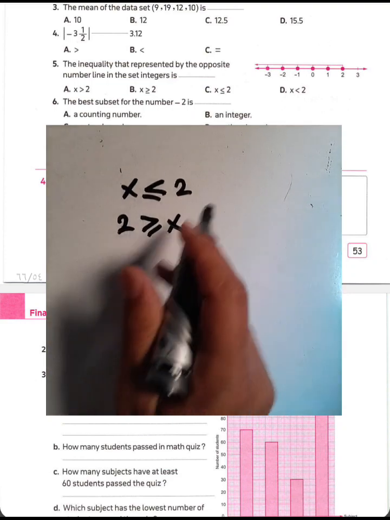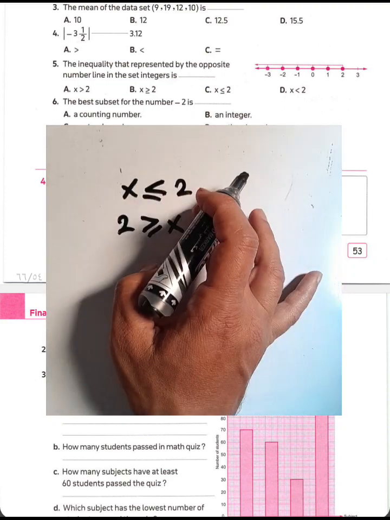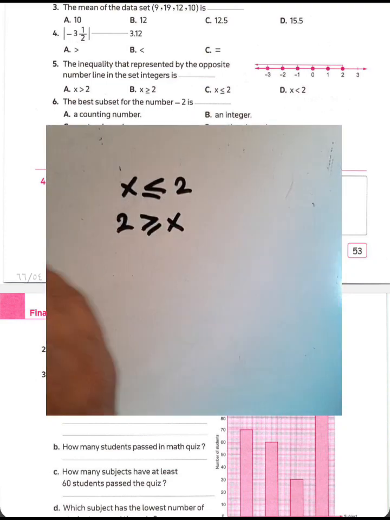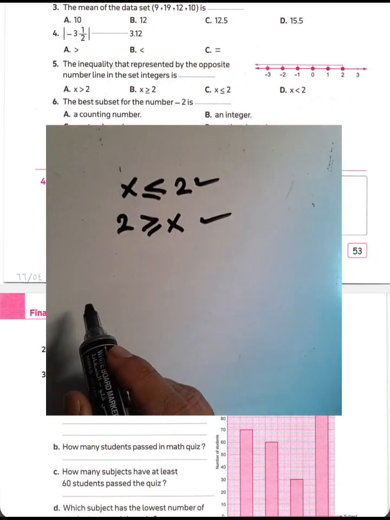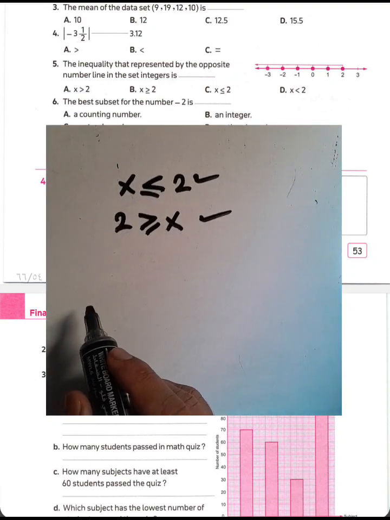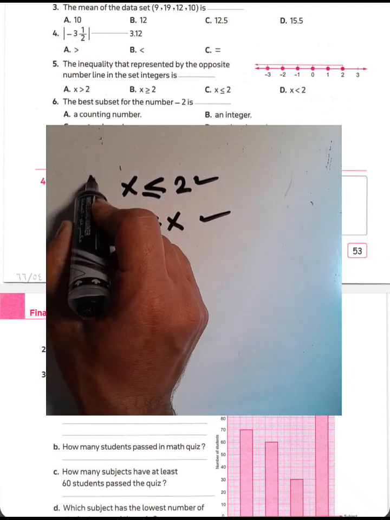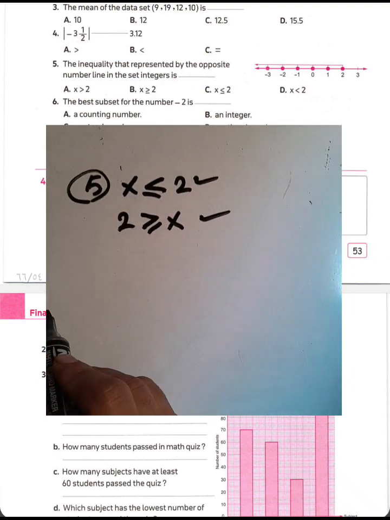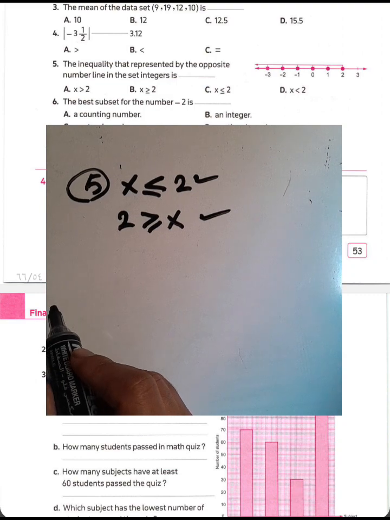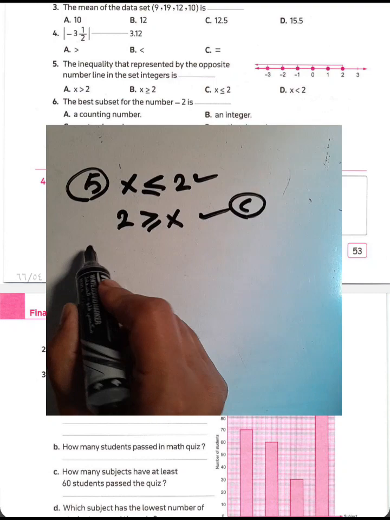You can write x less than or equal to 2, from left hand side to right hand side. See, is this the solution? It shows letter C about question number 5. Question number 6.